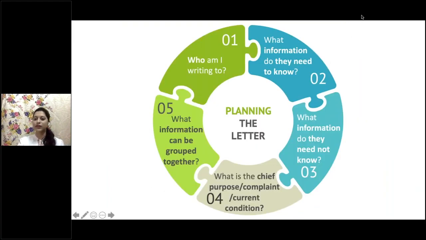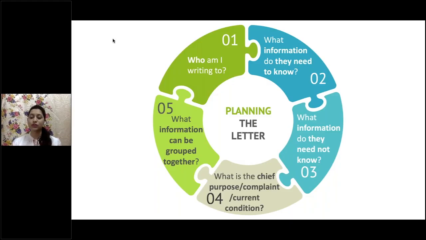All right, a few things to know when you're planning the letter. Always bear in mind who you're writing the letter to, because depending on that, you can decide how much medical terminology to use, how complex you can be with your statements, and what to mention and what not to mention.